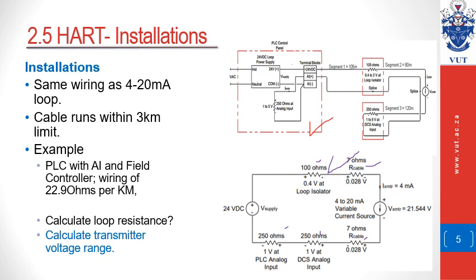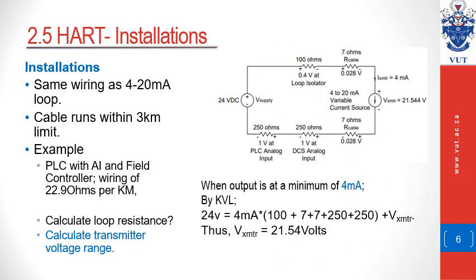In this case, can we calculate the voltage range through which the voltage transmitter operates? In order to calculate the voltage range, we have to consider two extreme situations, because we know that the current in the loop can only change from 4 to 20 milliamps.